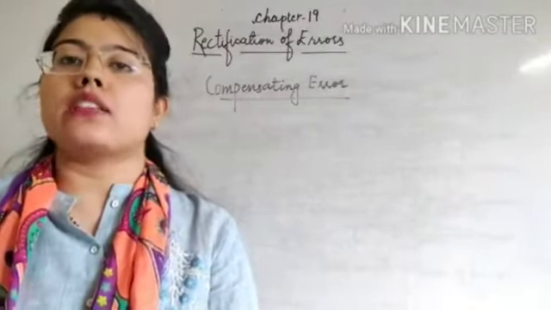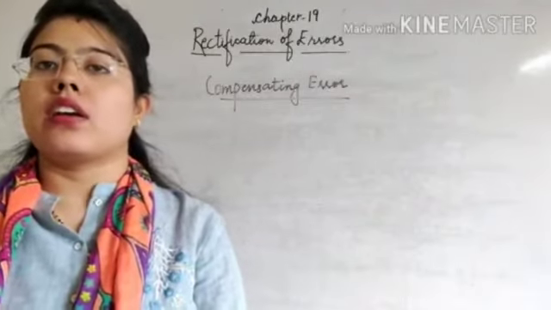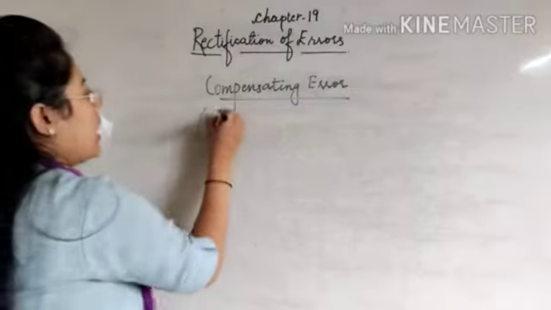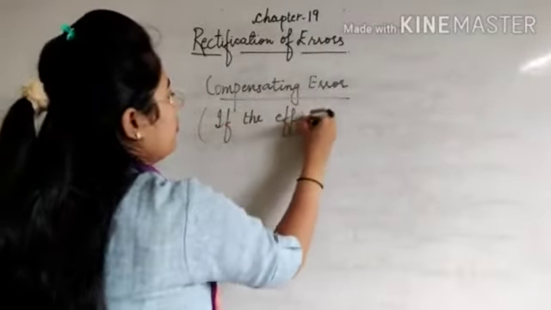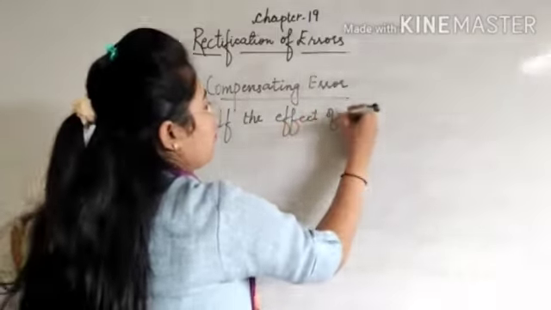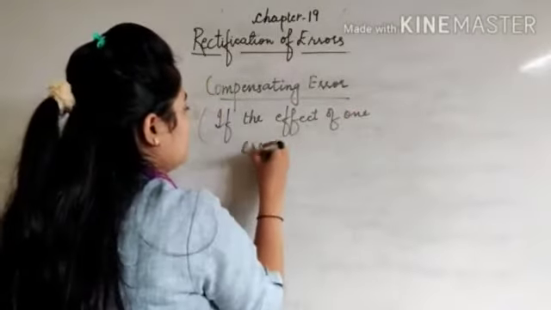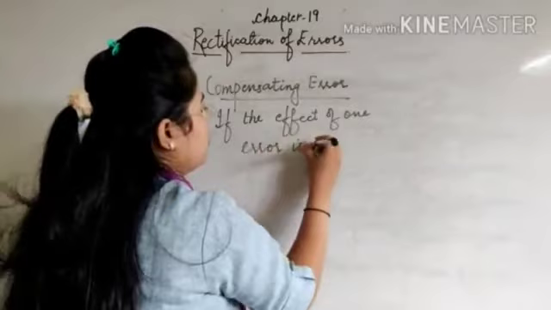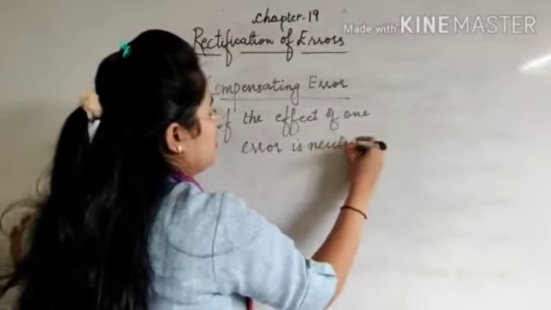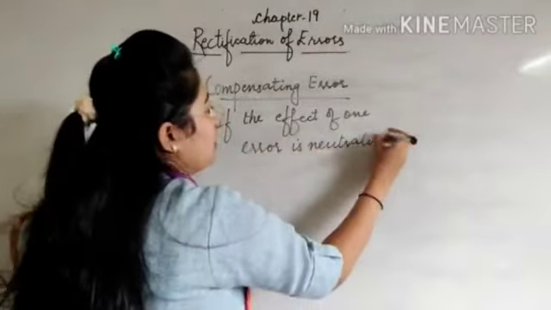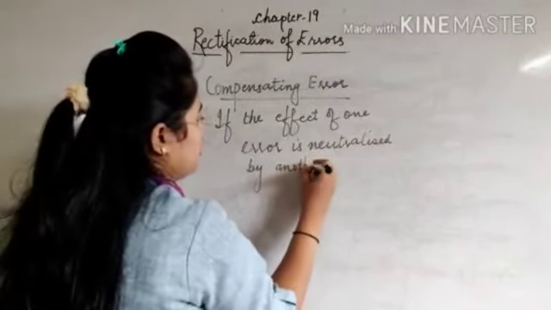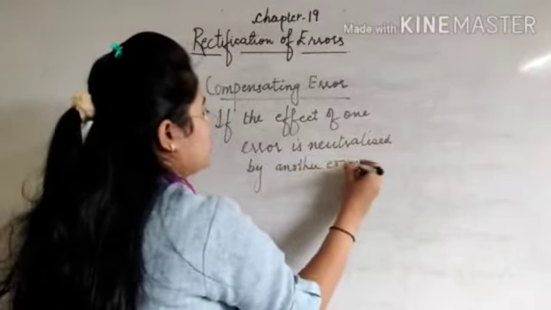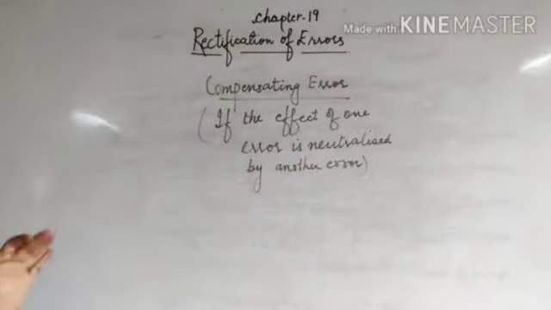This is known as compensating errors. I am writing the meaning. If the effect of one error is neutralized by another error, then it is known as compensating errors.